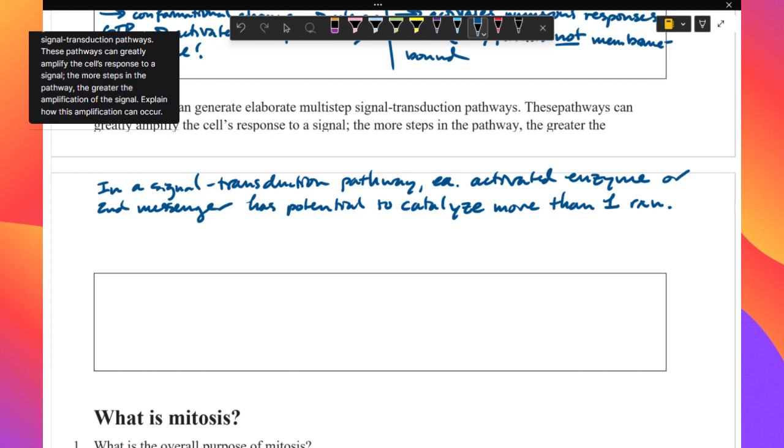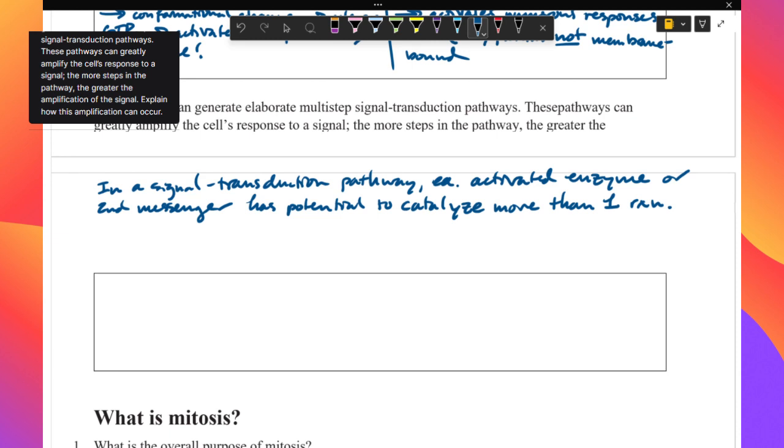This is why signal transduction is so important for increasing the strength of these signals, and they really can snowball out of control really quickly, which is a topic for a different lecture.